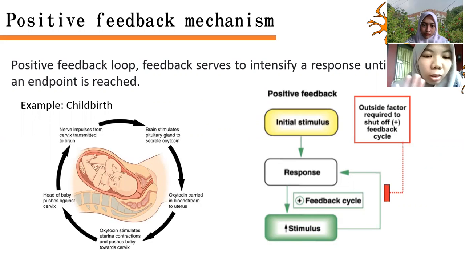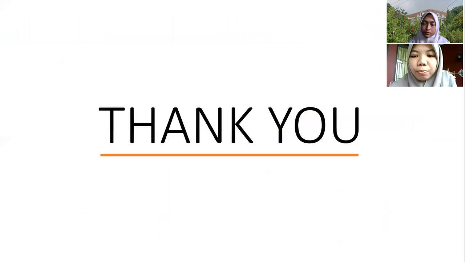For the next, oxytocin is carried in the bloodstream to the uterus. Then oxytocin stimulates uterine contraction and pushes the baby towards the cervix. And then the head of the baby goes against the cervix. So it will continue until it's done. So that's for positive feedback mechanism.